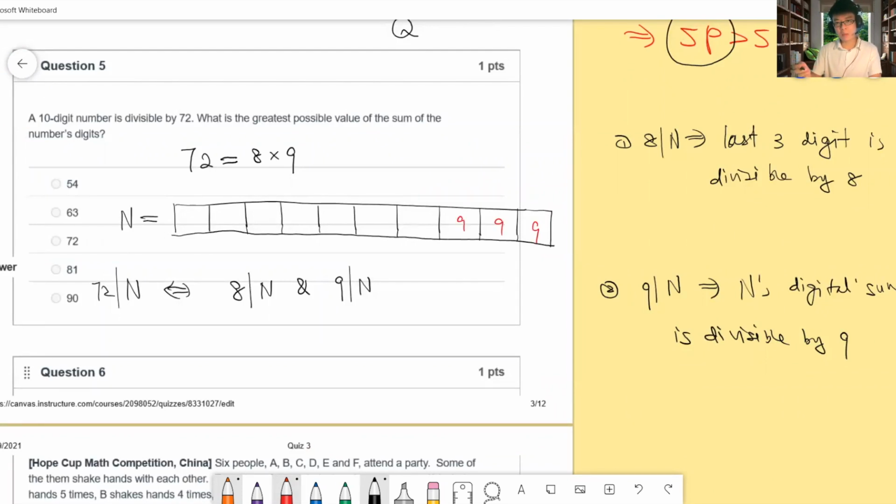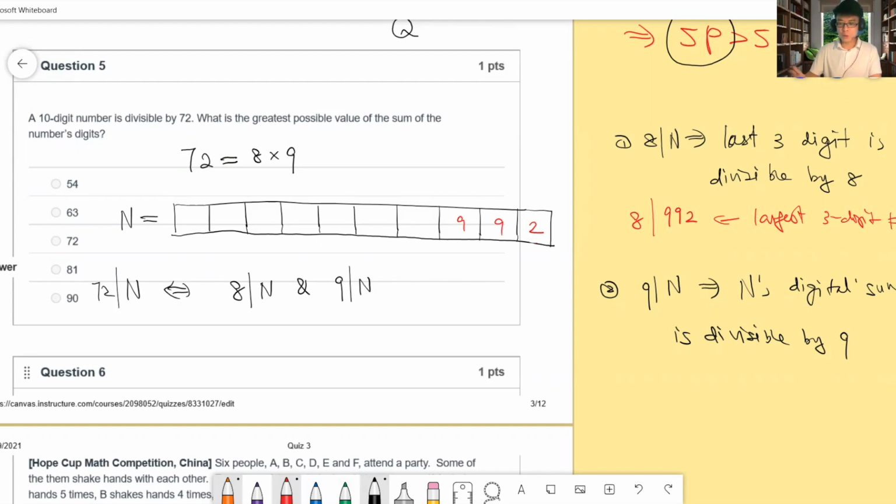However, we need to maximize the digital sum. Notice that 1000 is divisible by 8. So subtracting 8, that corresponds to 992. Now 992 is the largest 3-digit number divisible by 8, and that also provides the largest possible digit sum.